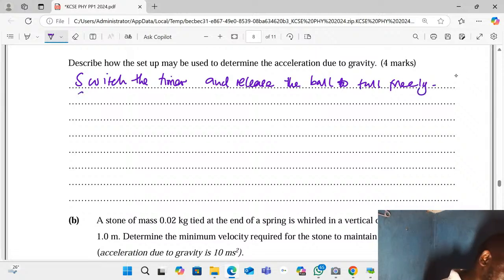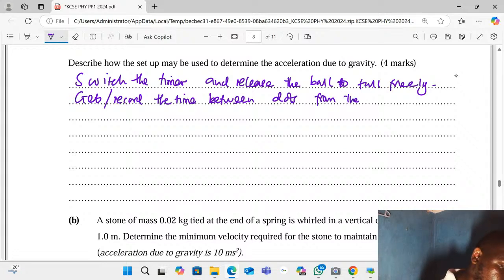Get the time from the frequency of the timer.